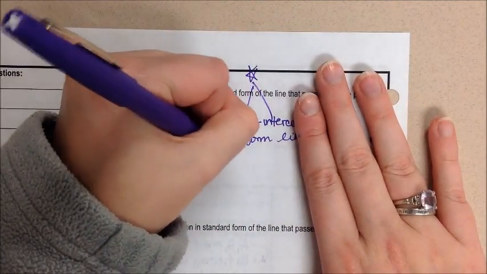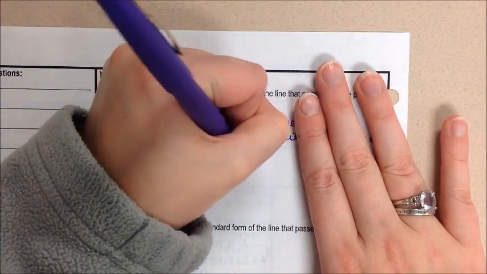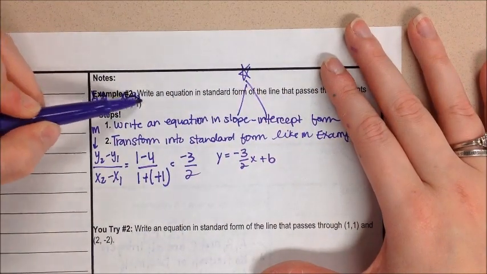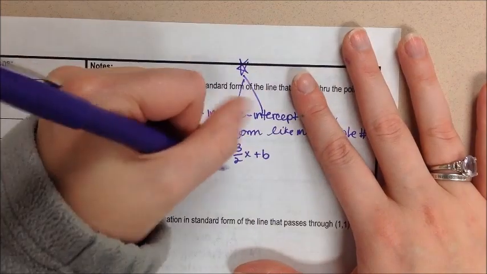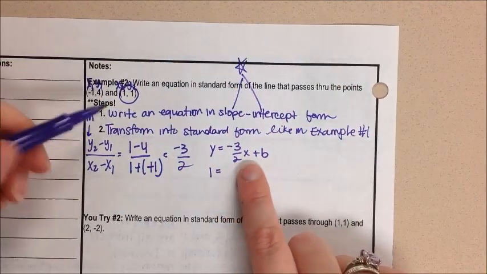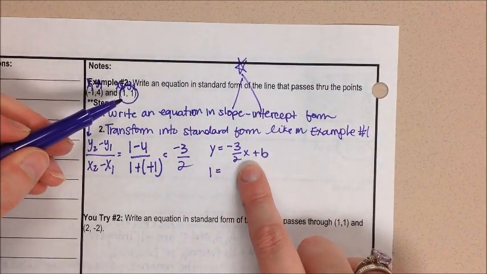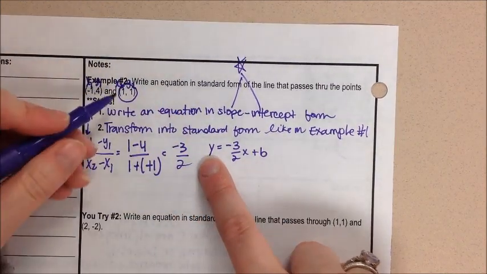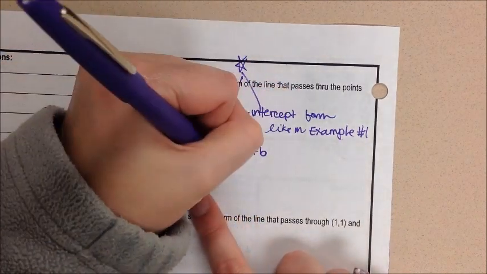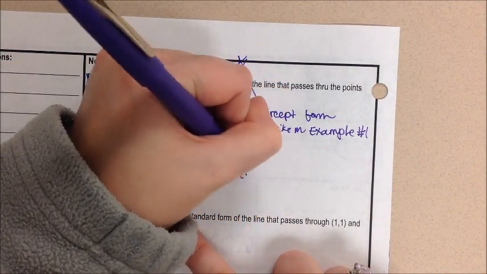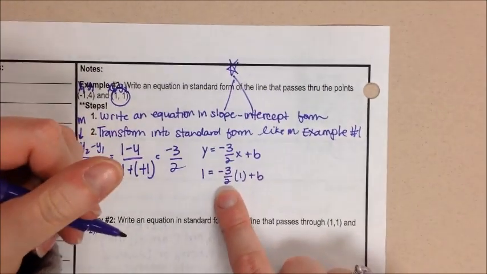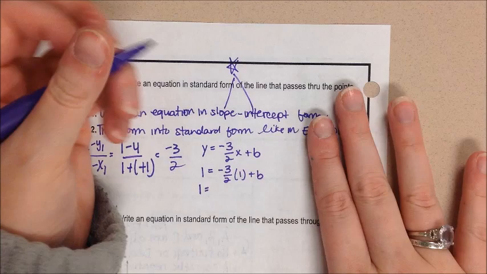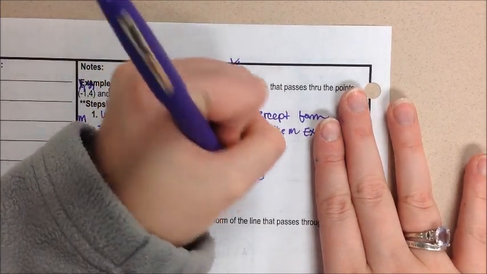So I have y equals negative 3 halves x plus b. Well, I don't know what that is yet, so I'm going to go ahead and pick 1, 1. Remember, I like to pick my positives. Okay, so I have 1 equals, I'm plugging in an x and a y, just like we did in 5.1. So plugging in, x and y are both going to be 1, so negative 3 halves times 1 plus b. Okay, and then negative 3 halves times 1 is just negative 3 halves.